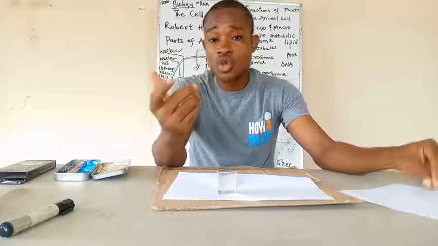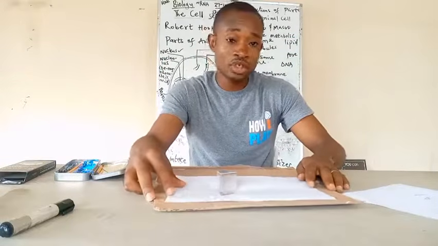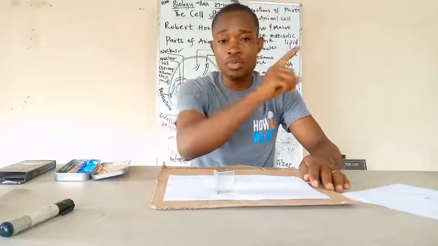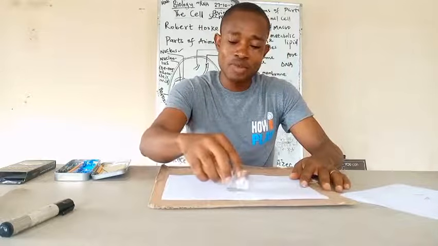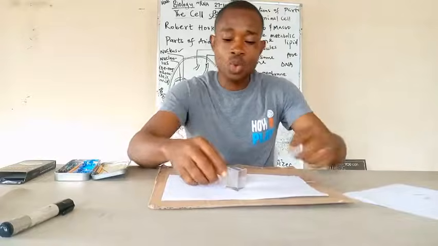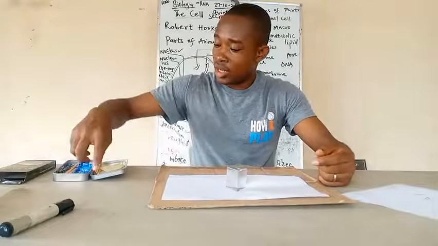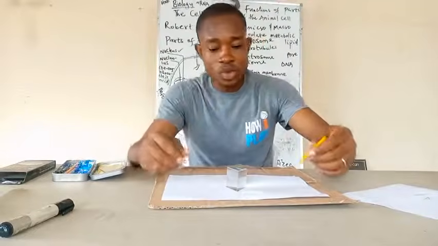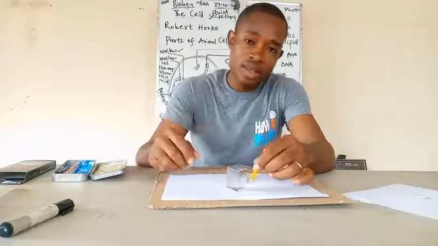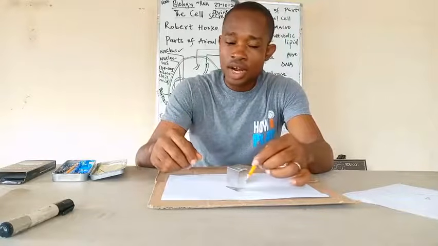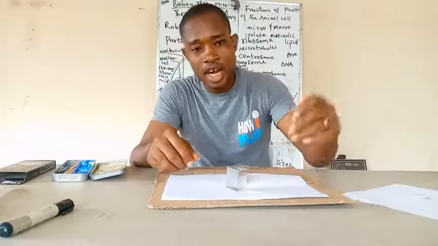Just like you saw in the previous explanation where I showed you how the light rays will move, in this case it's going to move this way. Let me get my pencil. The light will come from this direction. It will hit this face of the triangular prism. Light coming this way is coming from air.